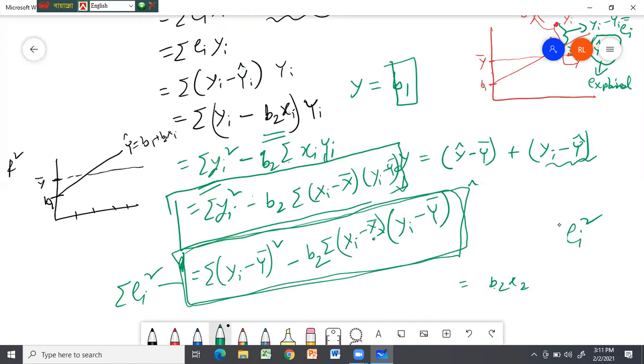Okay, so we are going to start the class with the next chapter, chapter 8, multiple regression, estimation and hypothesis test. The main difference is that in the earlier two chapters we had only a single regression function, with one dependent variable and one independent variable, and we estimated the values of b1 and b2 from there.